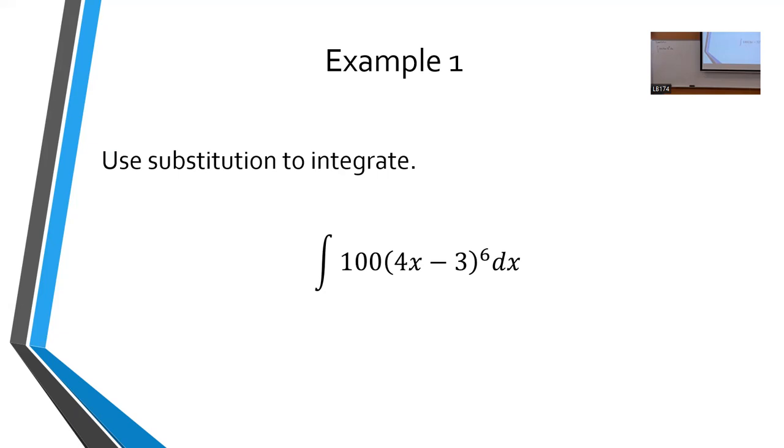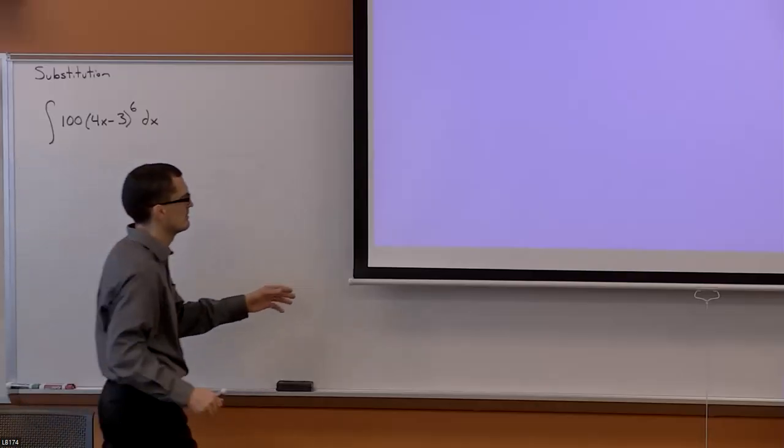My integration is happening with respect to x. So integrate 100 times 4x minus 3 to the 6th power with respect to x. I think I'm going to need some board space here.